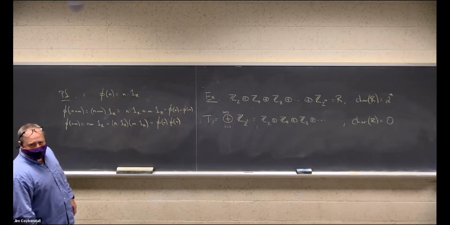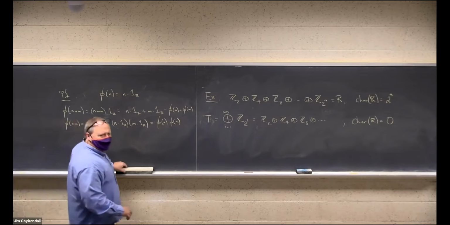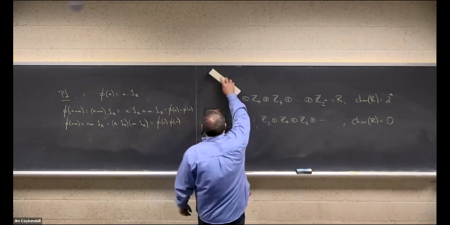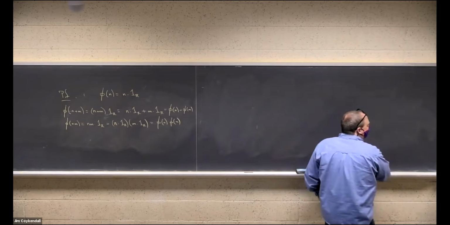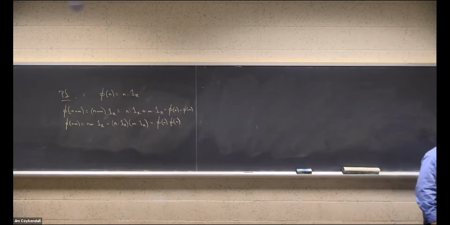Everybody cool with that? And let's check that last statement about the kernel. Notice that, of course, a homomorphism of rings is a homomorphism of groups. So I expect the kernel to look like a multiple of the integers, right? Because Z is a cyclic group, and so it's got a cyclic subgroup.